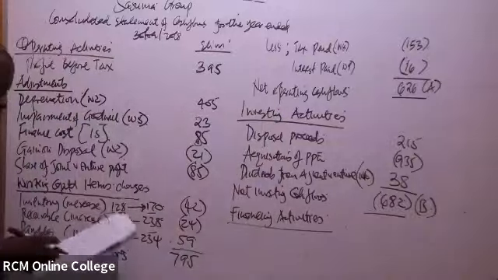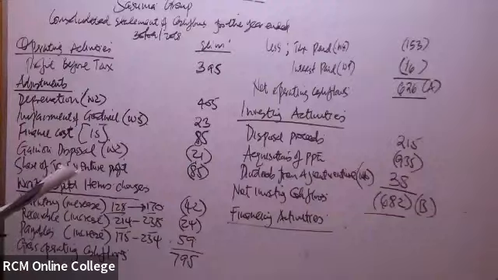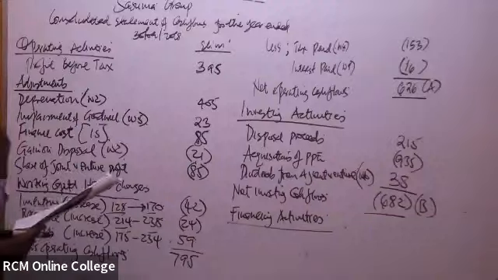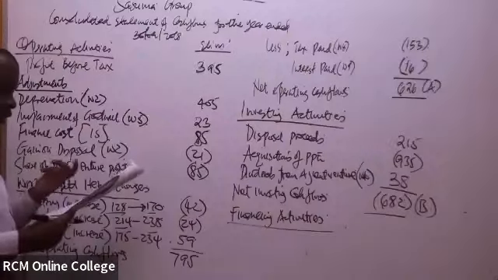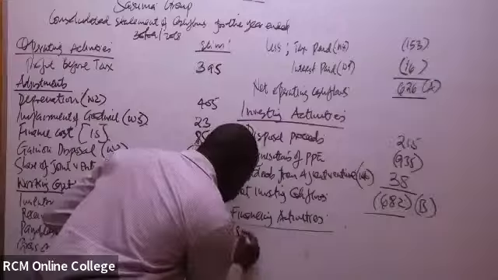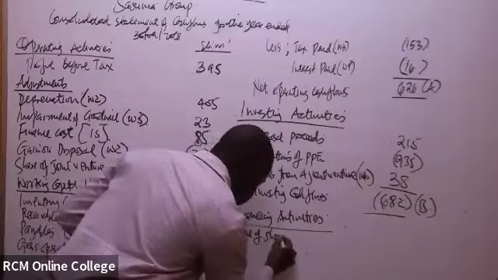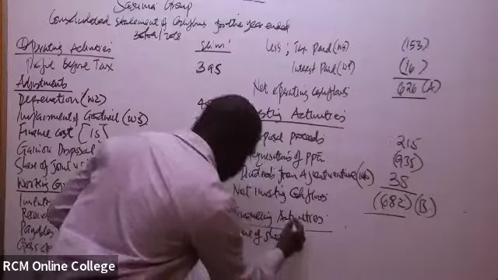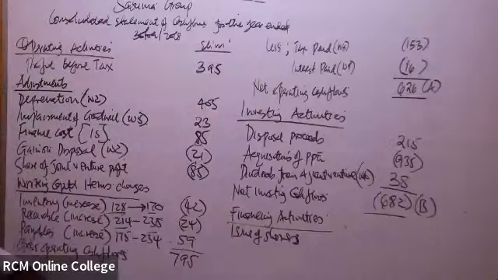So under financing activities cash flows, we have some shares which were actually issued. So issue of shares. What was the figure that was received from issue of shares?